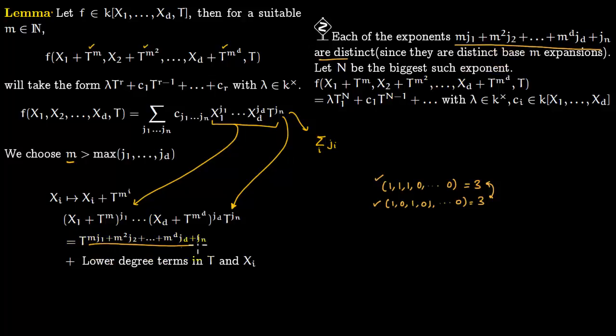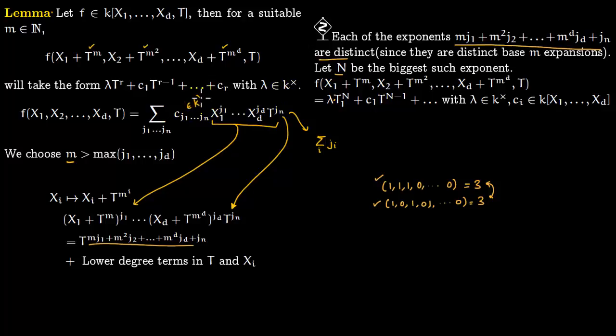So now all of these terms, because this polynomial is made up of finitely many terms, each term will give you something of maximal degree like this. So for all these terms, which are finitely many, because a polynomial is always made up of finite terms, you choose n to be the biggest such exponent. So then you can write f of x1 plus t to the m, x2 plus t to the m squared, and so on, comma t. So after the change of variable, you can write it as lambda times t to the n, because the coefficient of this is just this c, which has to be non-zero.